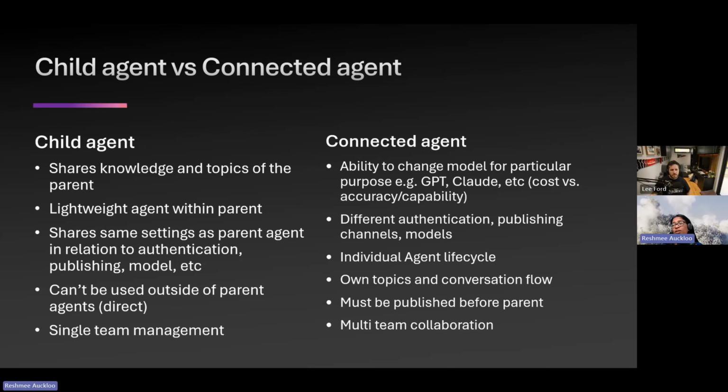The other reason could be that you want to use a different model. Again for finance, maybe you want something more accurate, so you might go for a more expensive model. And if you have another agent which doesn't need to be that accurate, you're happy with a less expensive model. So there are different reasons why you would go for a connected agent. But a child agent is a very good option to help with agent sprawl, and to keep it easy to manage in the long run as well.